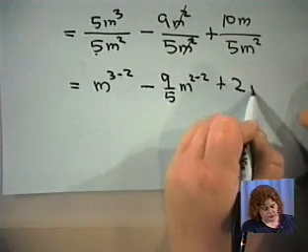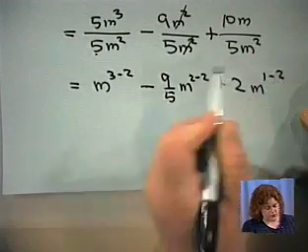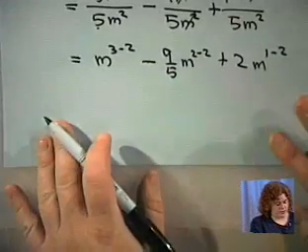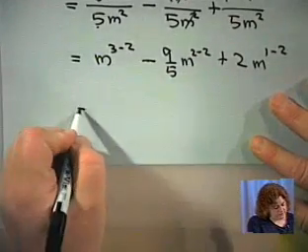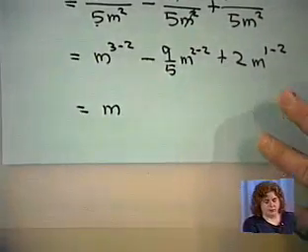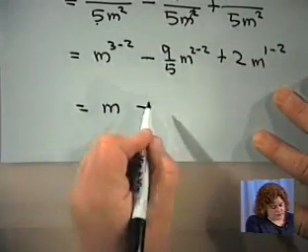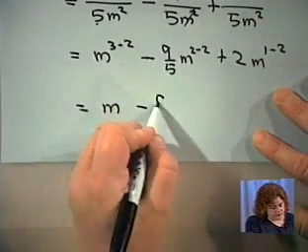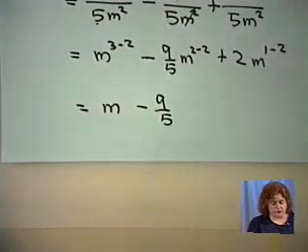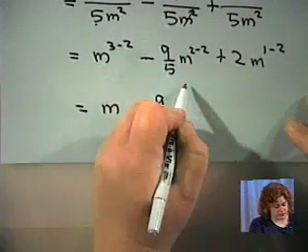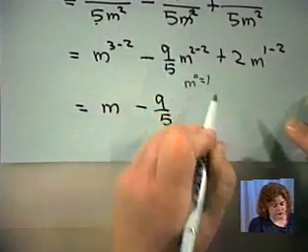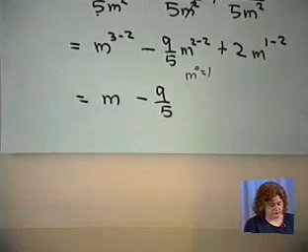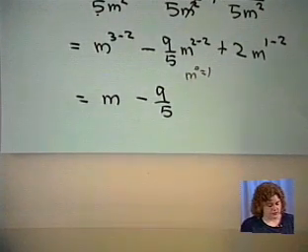And we're going to end up with m to the power 1 minus 2, letting us practice with negative exponents here in a moment. So we have plain old m, power 1, minus 9/5, and this is going to give us m to the 0th power, but that's just equal to 1 when we do 2 minus 2, so we don't have to write that down.